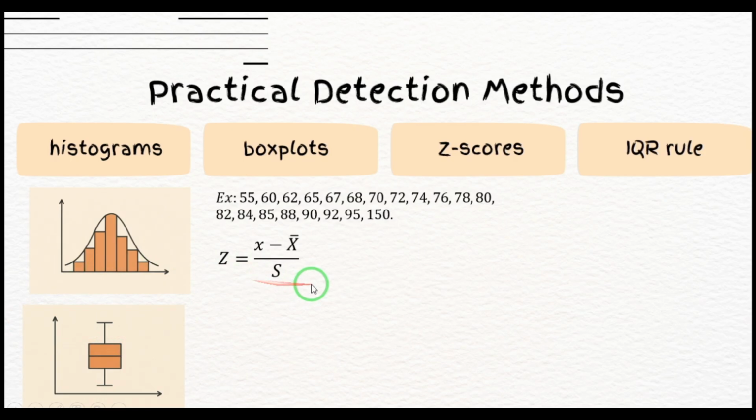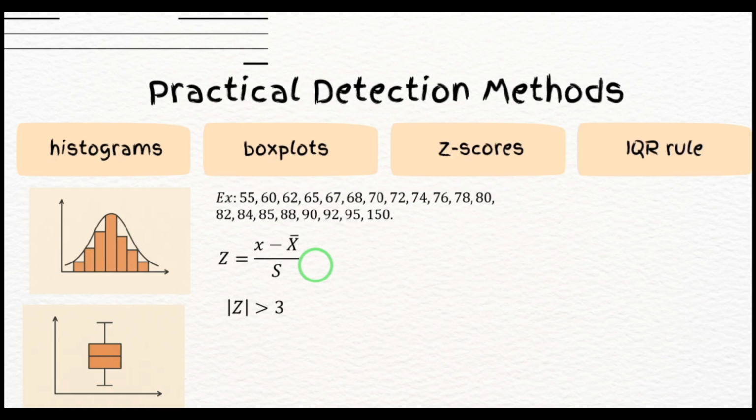So the formula is z equals x minus x bar divided by the standard deviation. As I said, x bar is the mean and s is the standard deviation. So we say that values with absolute value of z greater than 3 are considered outliers.